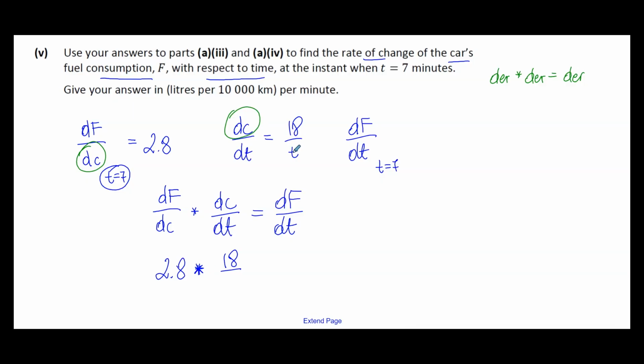We will have t, but we are saying we are looking for the value of it when t is 7, so we can replace that with 7. We put that in the calculator, we press equal, and we get 36.5 kilometers. So we can see how the question took us from a simple application of a function, then creating one derivative, another derivative, and then chain rule.